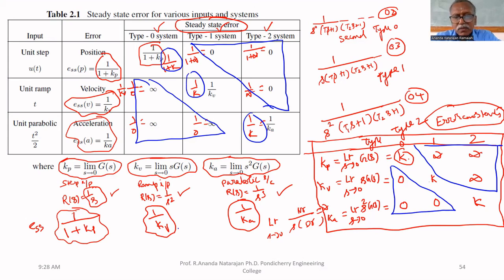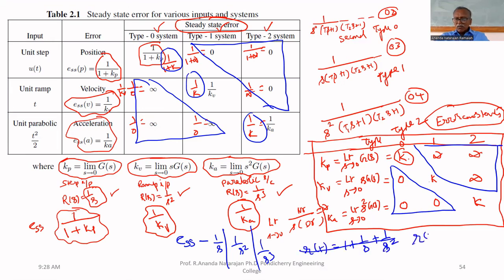Here, we can find steady state error if the input is either 1 by s or 1 by s square or 1 by s cube. That's only. Suppose I am having an input r of t equal to an impulse plus u of t.